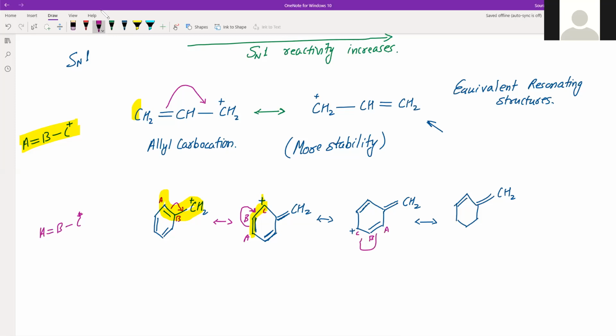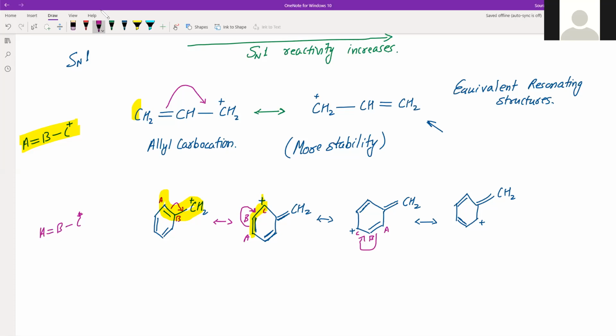It will move like this. So again this double bond position will change from here to here, and there will be a positive charge here. Okay. Right. So this is the thing.